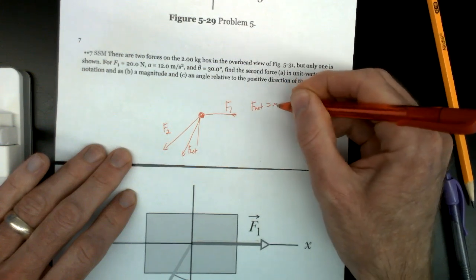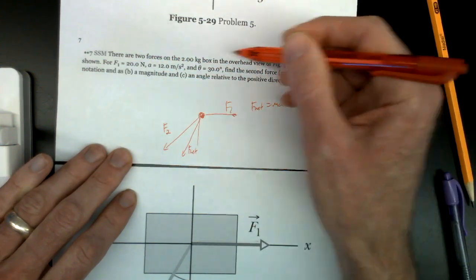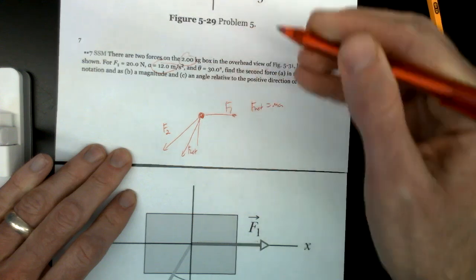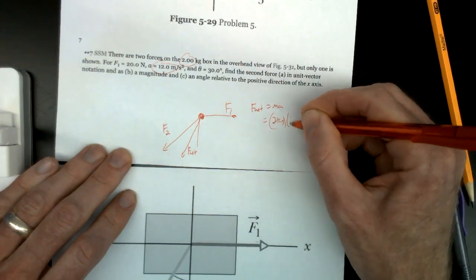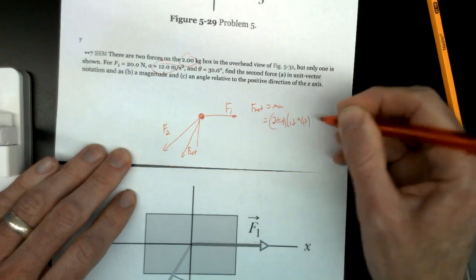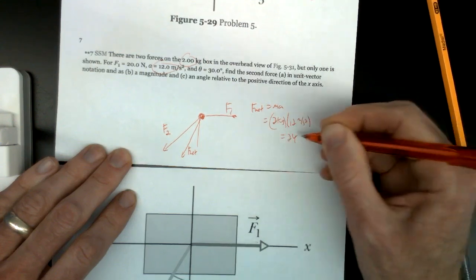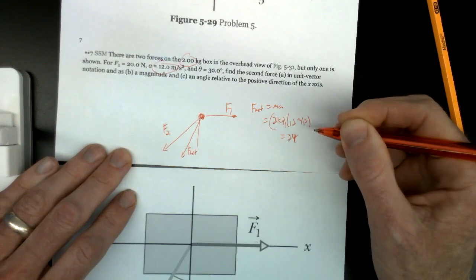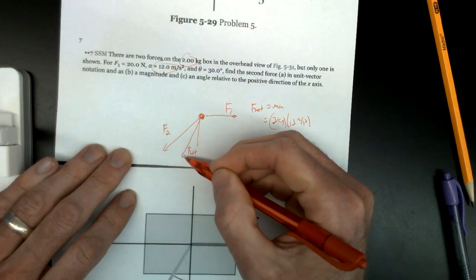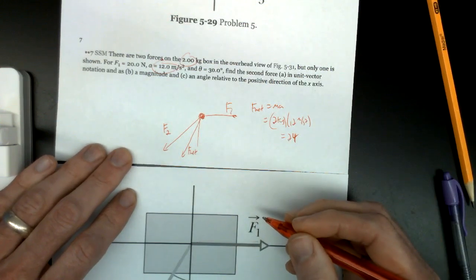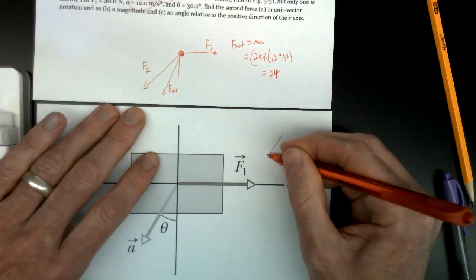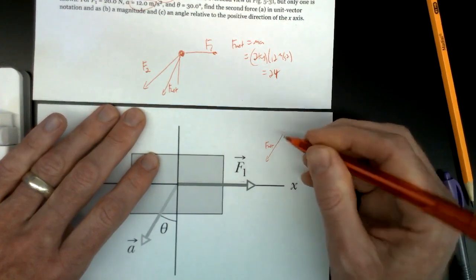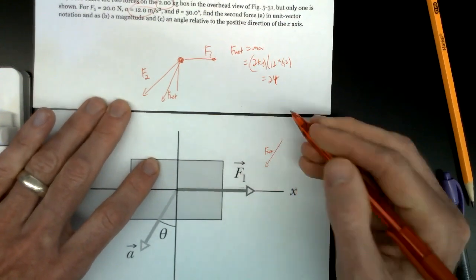F net equals ma. So I have my acceleration and I have this over here. So my net force is going to be 2 kilograms times 12 meters per second squared. So that's 24. So I know my net force has to be 24 and it has to be going in this direction. So I can now break down my net force into vectors as well. So let me redraw that a little bit here. So here's my net force, F net, and it's 30 degrees.